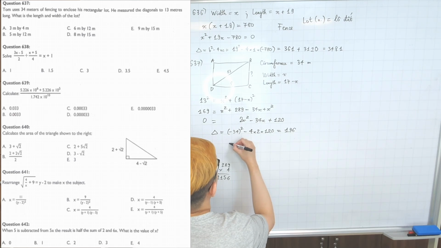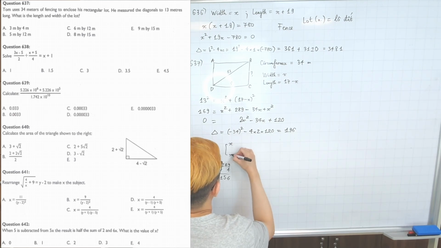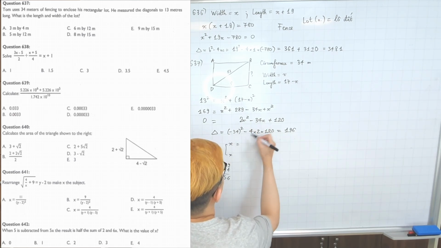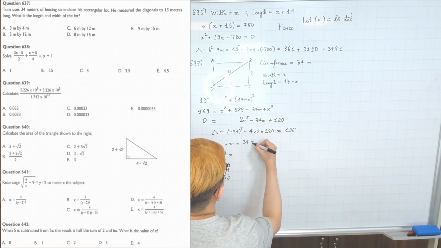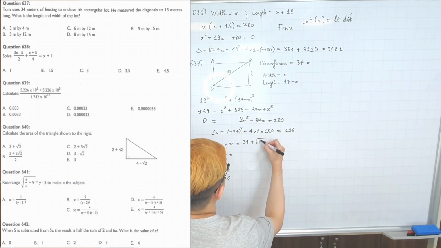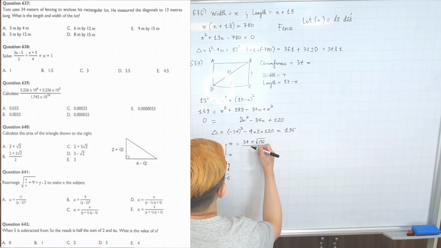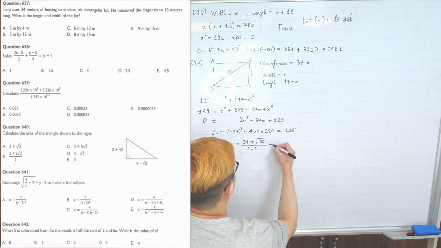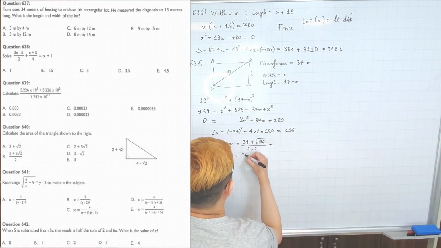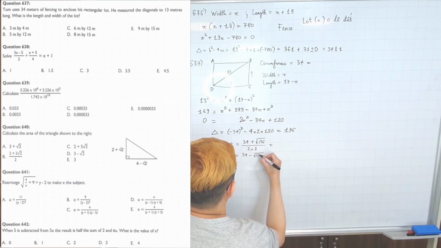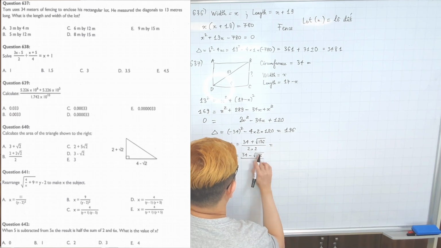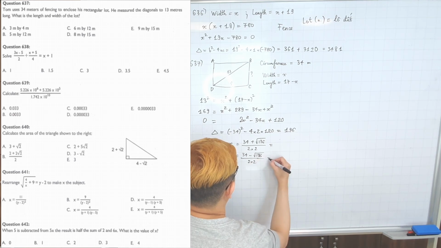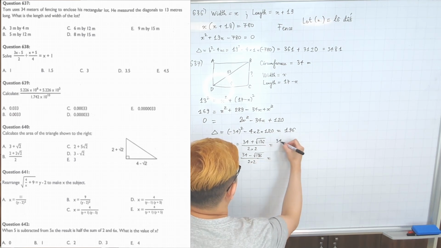So you have x minus b is going to be 34 plus, it's 34 plus 16 divided by 4.